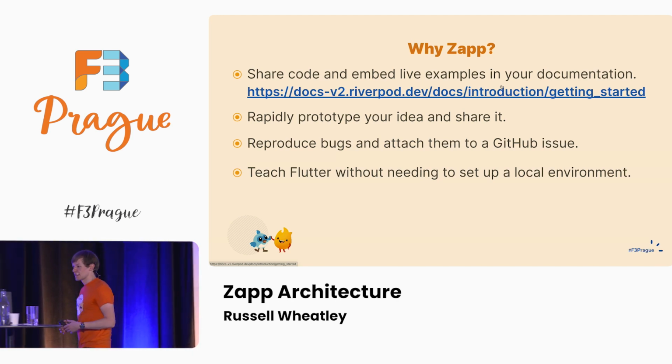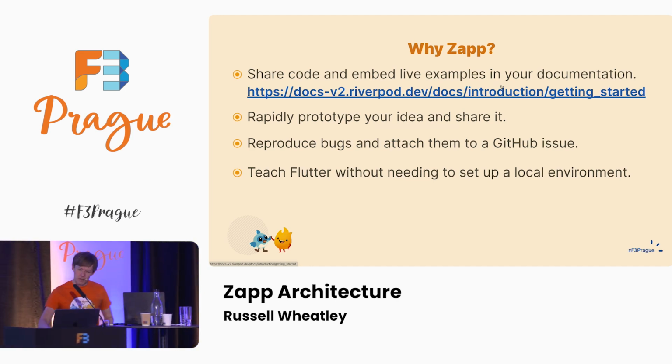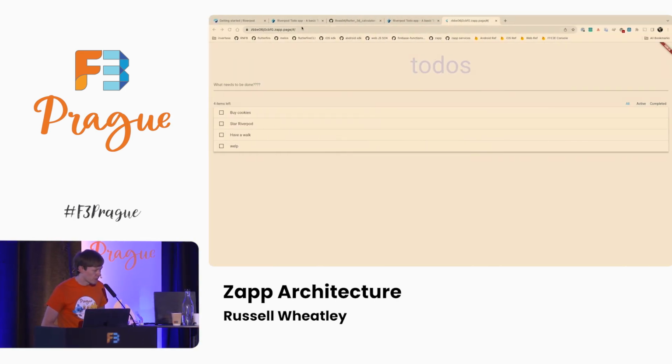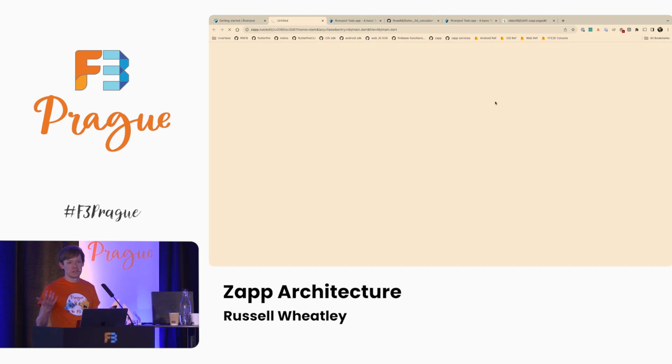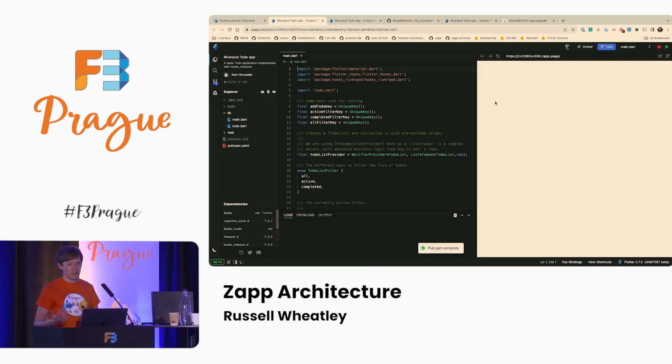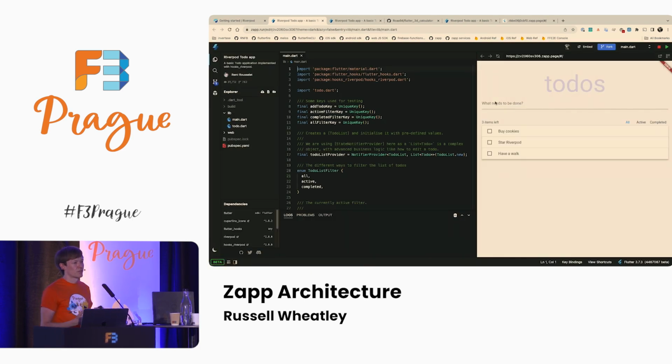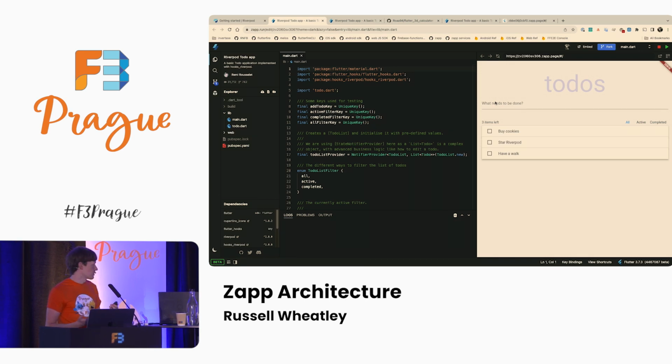And so I can show you an example of that, because I believe Riverpod has it in its own documentation. And what's really cool about this is you can open it in Zap directly, and then you can start playing with it, fork it, and then add it to your own list of projects in your account.